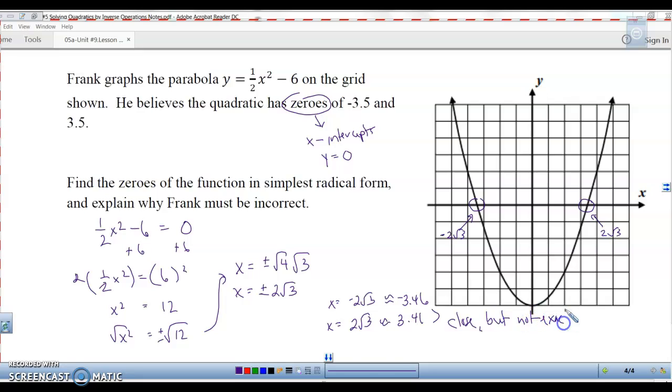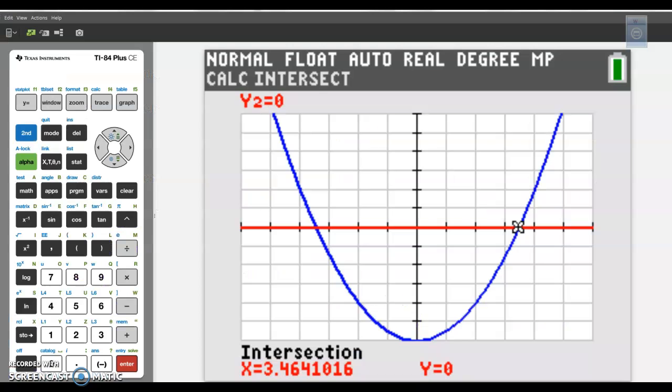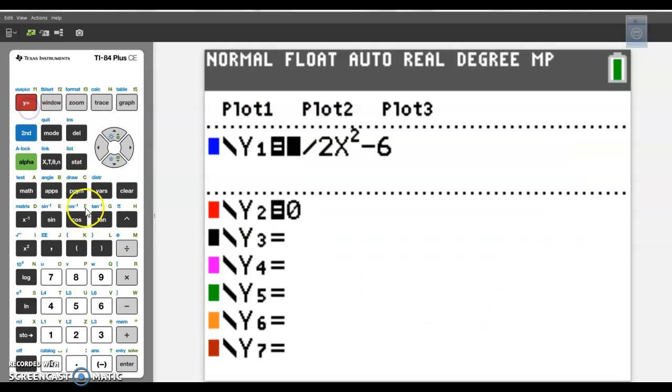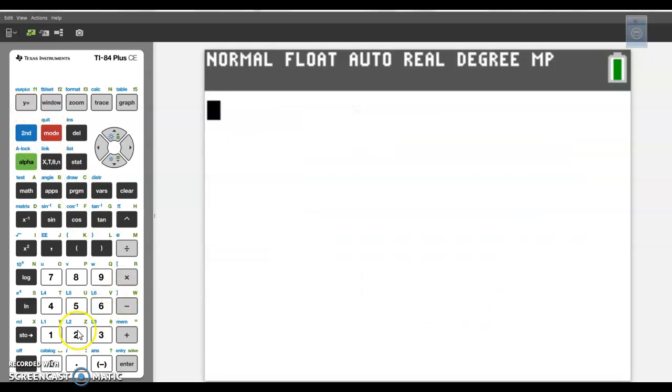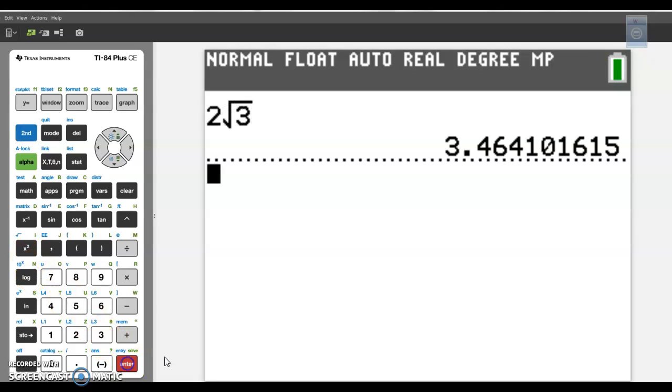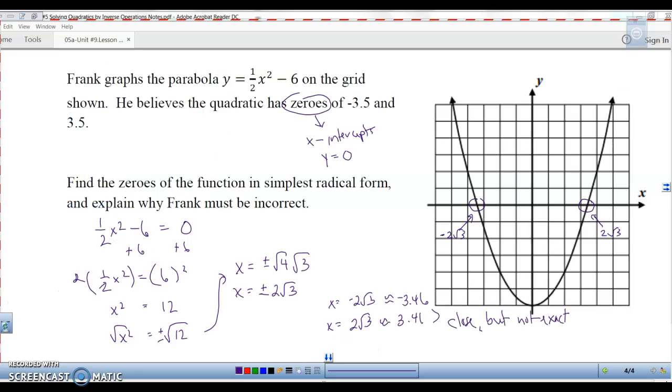Okay, so you can't say it's exactly negative 3.5 and 3.5 because that doesn't work. Even if I put in 2 times the square root of 3, enter, it's 3.464, which is not 3.5, unless we round it off, and it didn't say to. All right, so you can see zeros are not always nice even decimals. They may be irrational, which is perfectly fine.